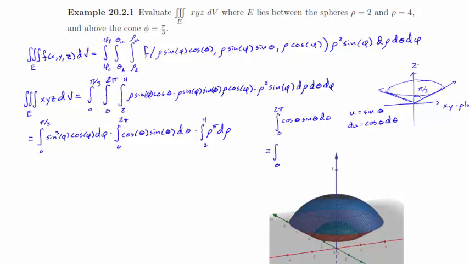If theta is 2 pi, sine of 2 pi is 0. And then we have u du in here, which just equals 0. So this whole thing equals 0.